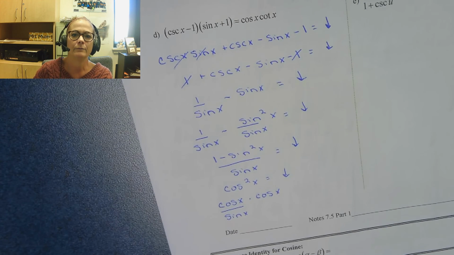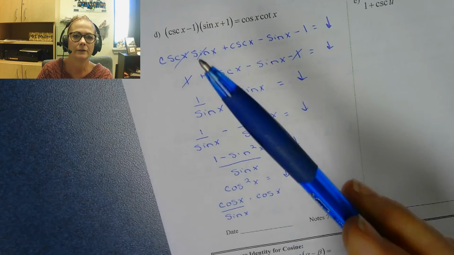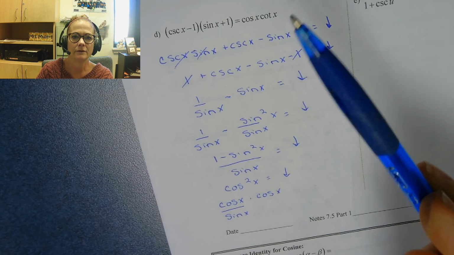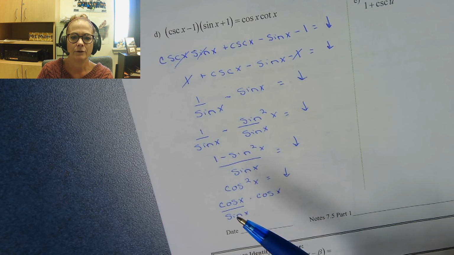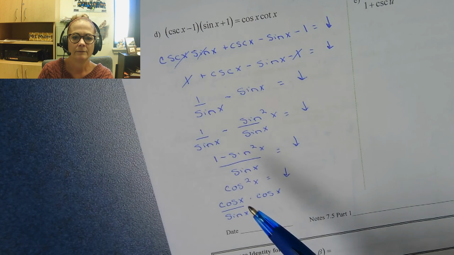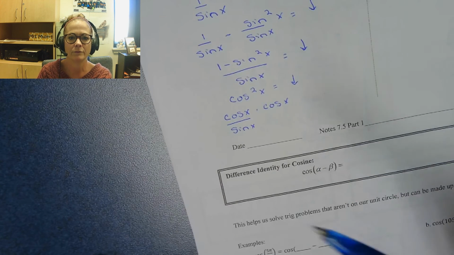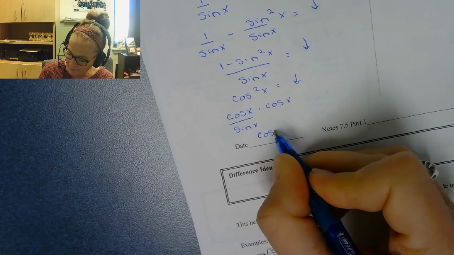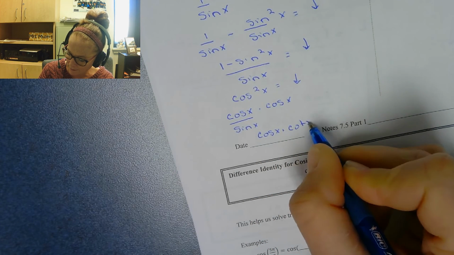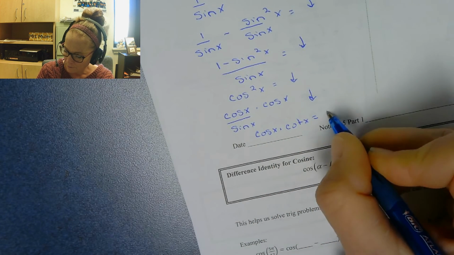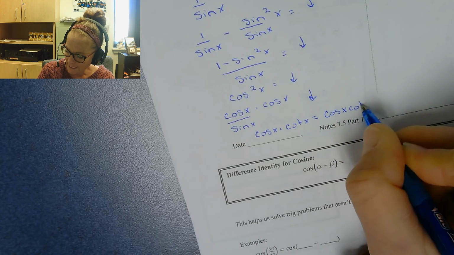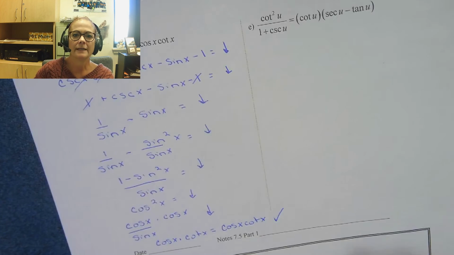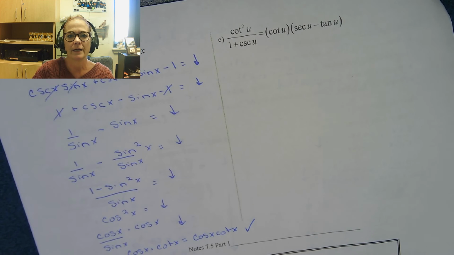And we can see that cosine is certainly equal to cosine, and cosine of x over sine of x is certainly cotangent, and I can just commute those to match perfectly because I'm multiplying, and the commutative property of multiplication will hold here. So cosine of x times cotan of x equals cosine of x cotan of x. Boom.